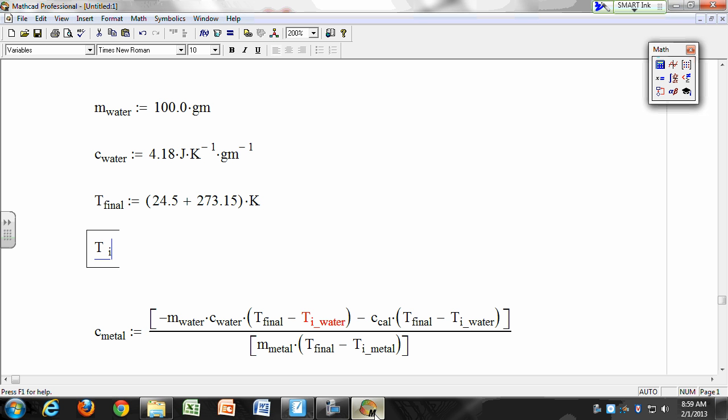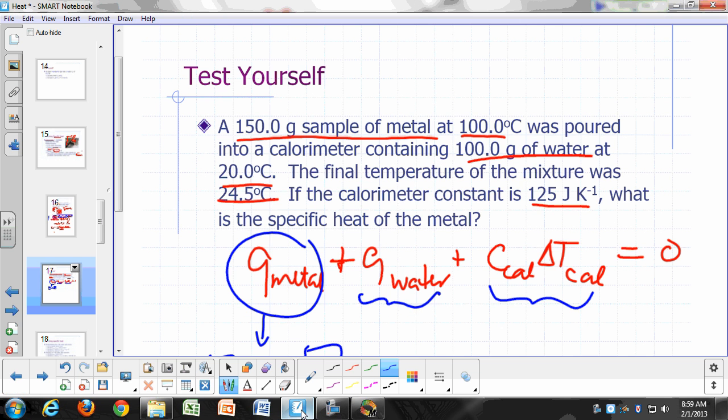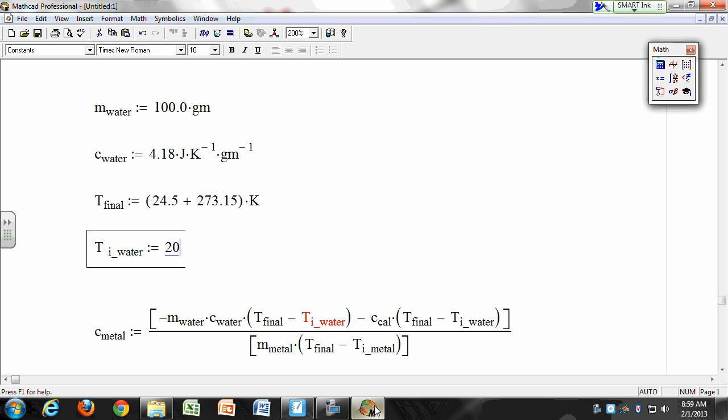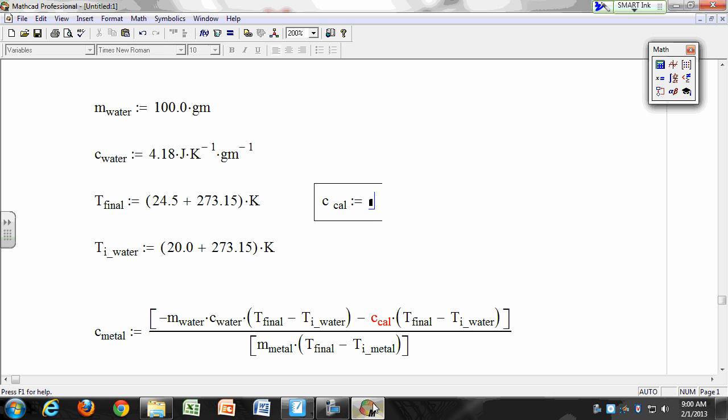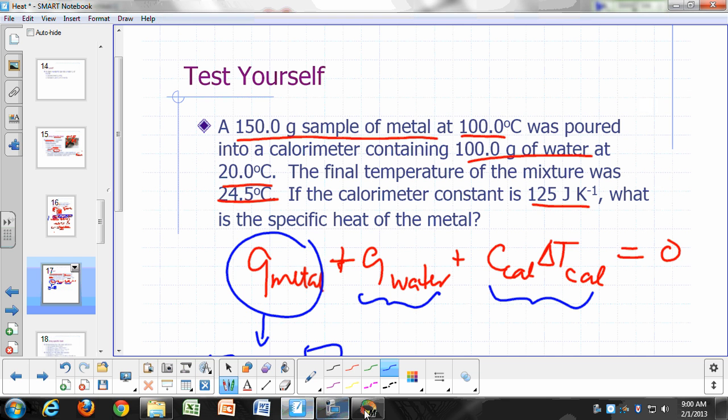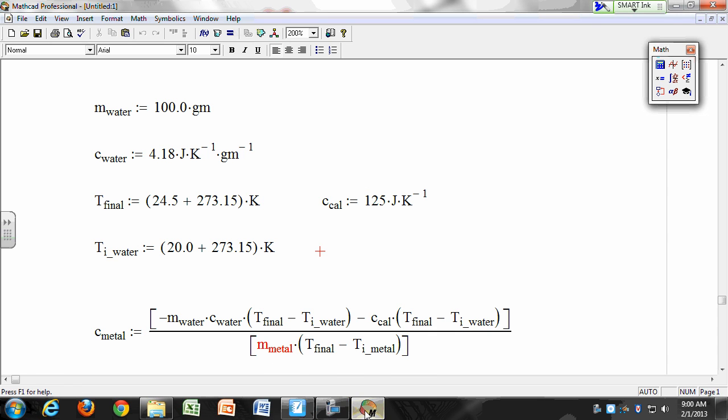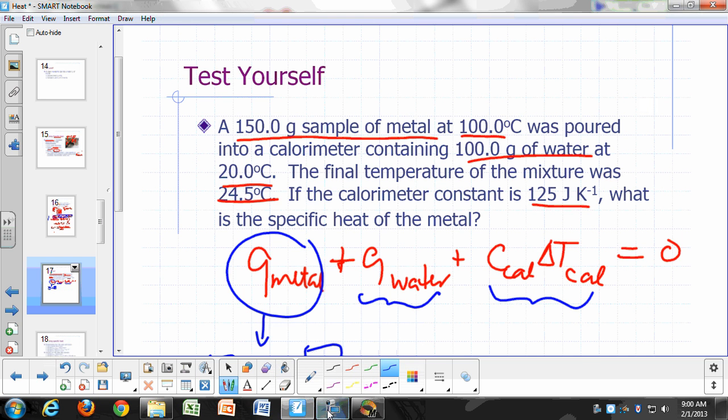And T initial water is how much? The water is initially at 20 degrees. That's 20 plus 273.15 Kelvin. Okay, C cal is given as 125 joules per Kelvin. And what else do I need to know? Mass of the metal is given as 150 grams.